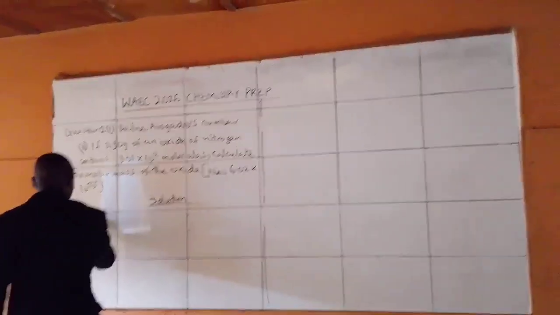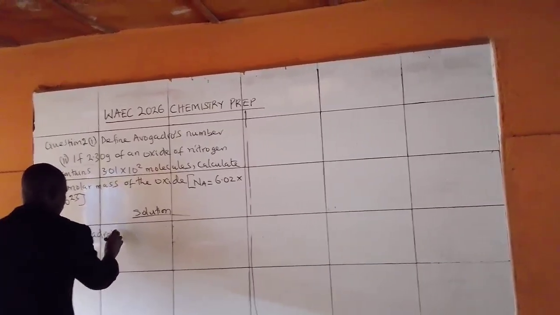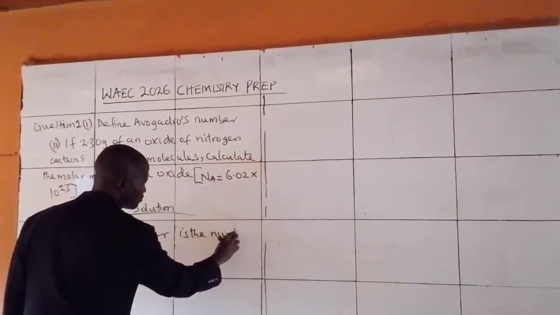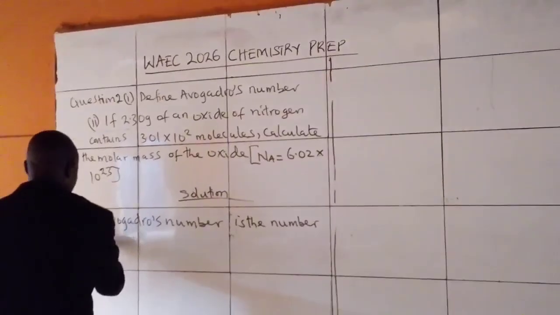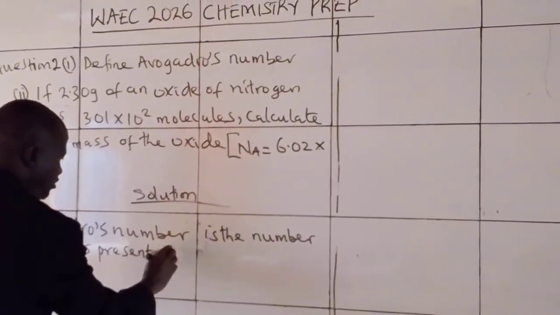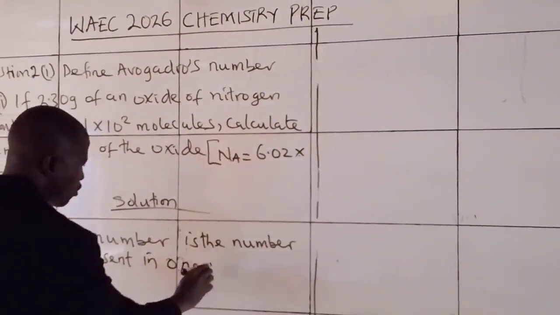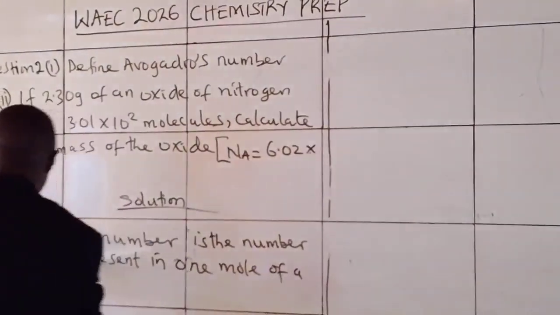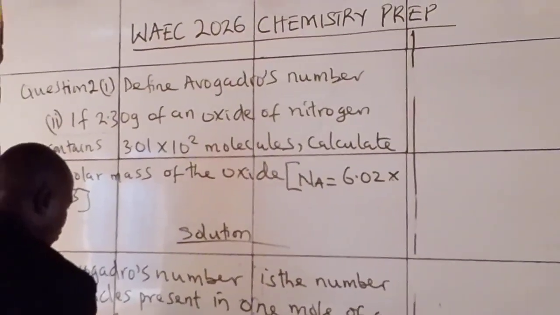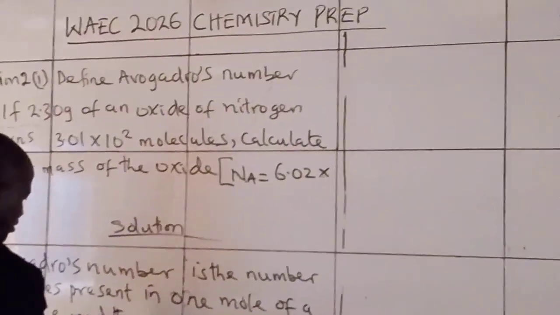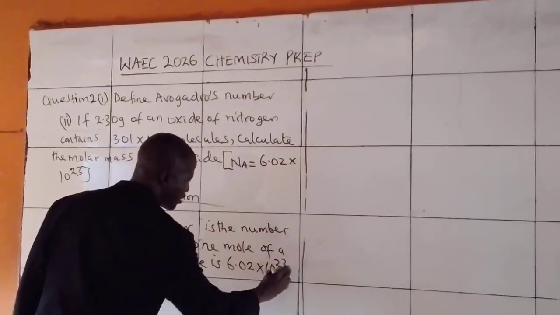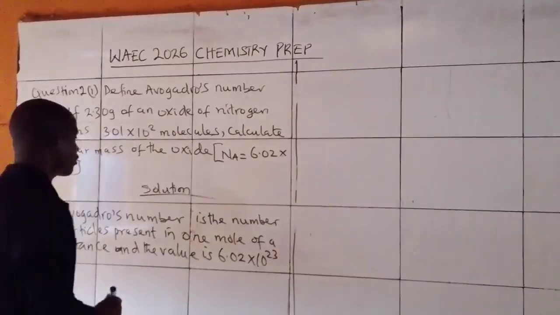That is, Avogadro's number is the number of particles present in 1 mole of a substance, and the value is 6.02 times 10 raised to power 23. That's for Roman figure 1.